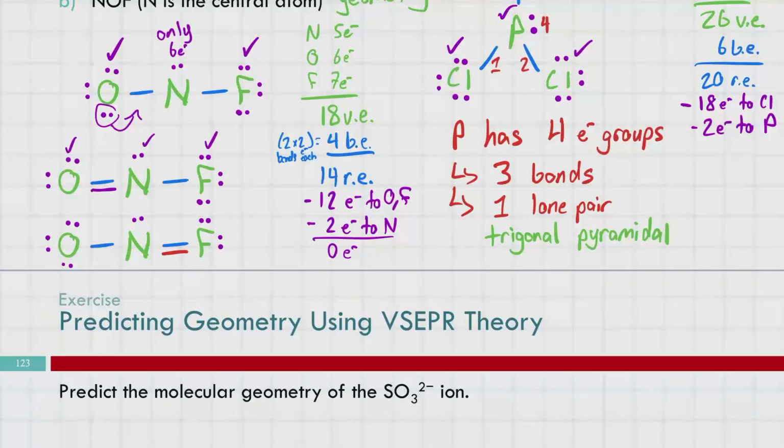So that would be the other thing that you might get. We don't have the tools to say which of those is correct. One of them is correct, the other is wrong.